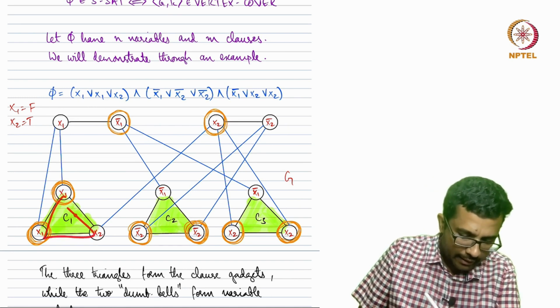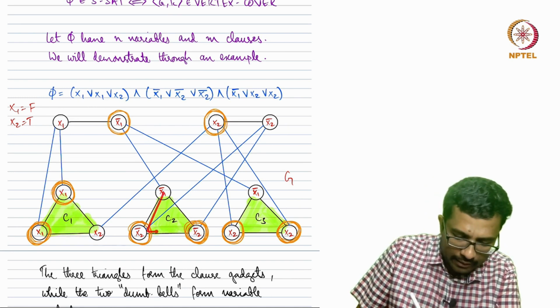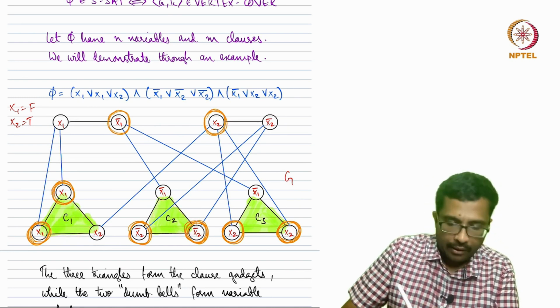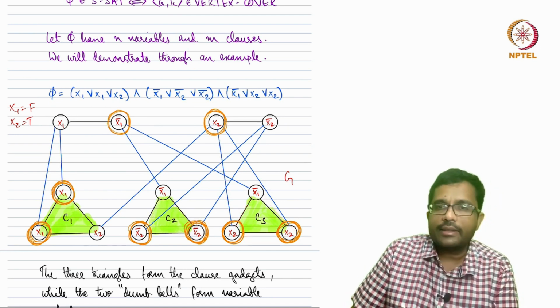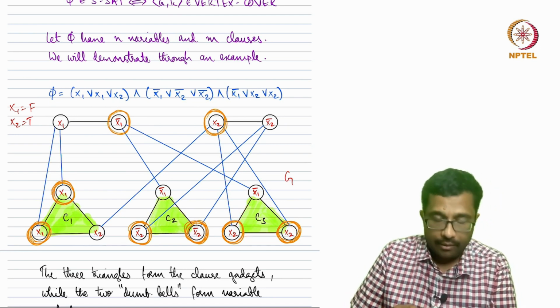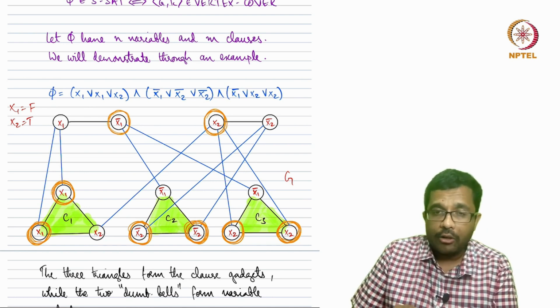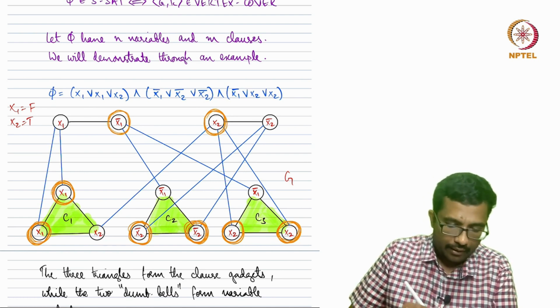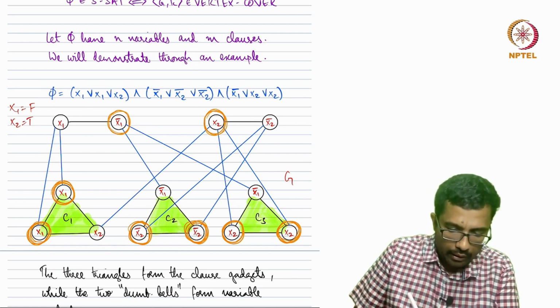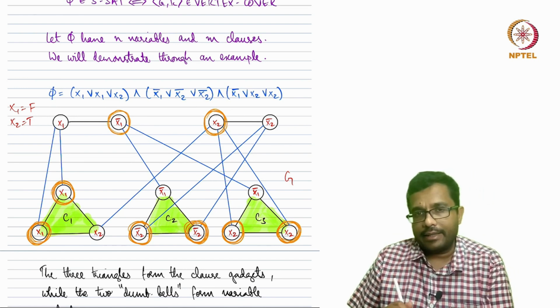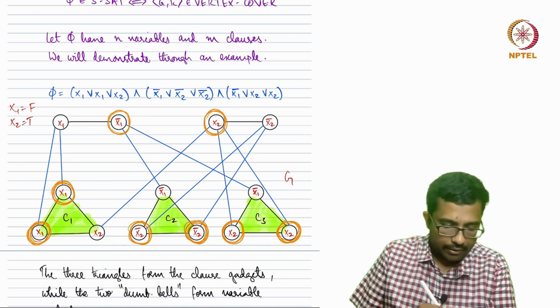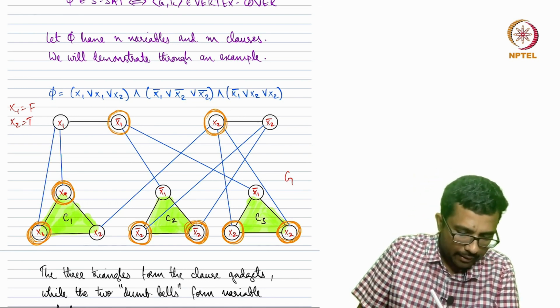All the edges in this clause gadget are covered, and in this clause gadget too, and all the edges in all the clause gadgets are covered by the 2 vertices that we picked from each clause gadget, because the 2 vertices cover this triangle.